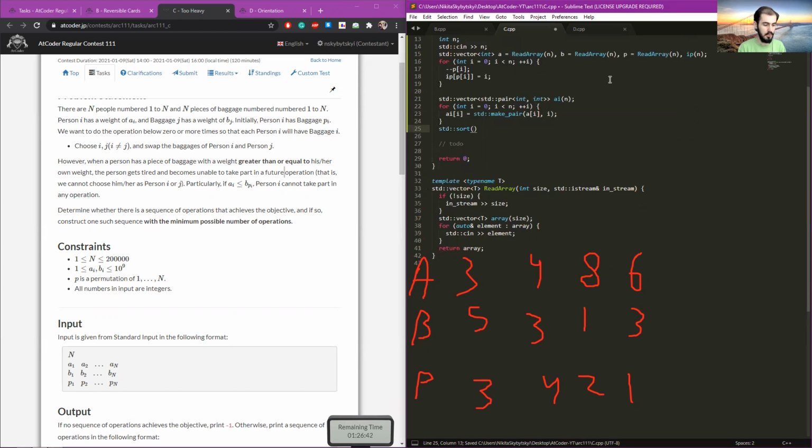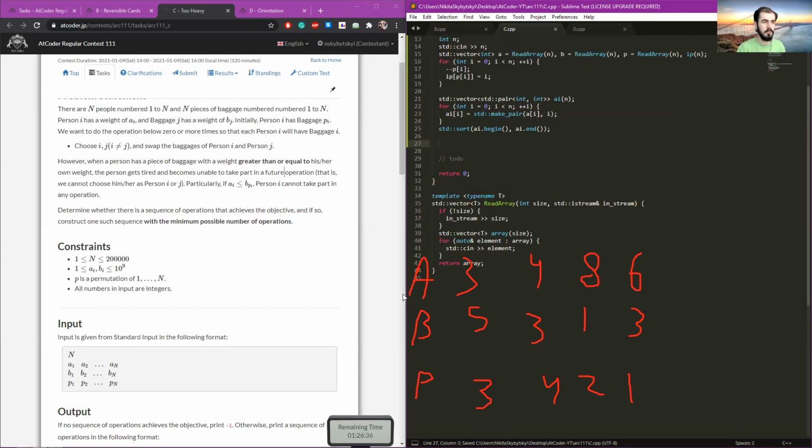So when we sort A indexed, we'll have the correct order of people, and we'll also know who we want to swap with.